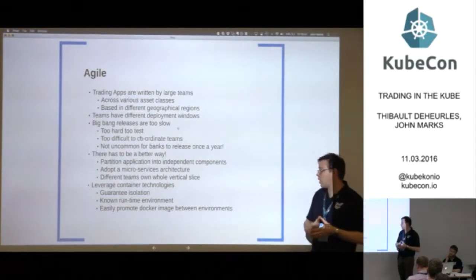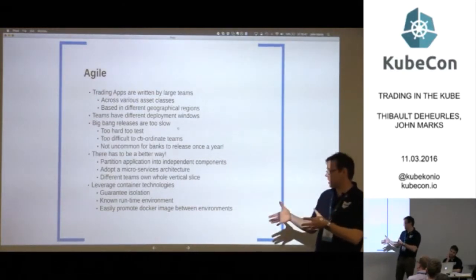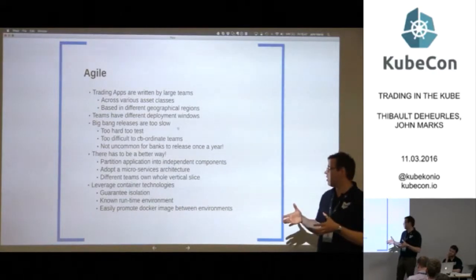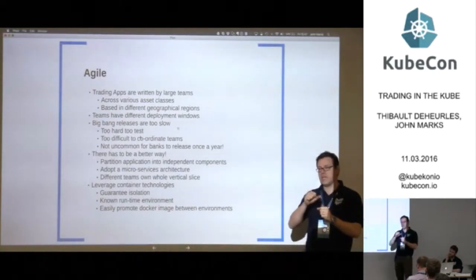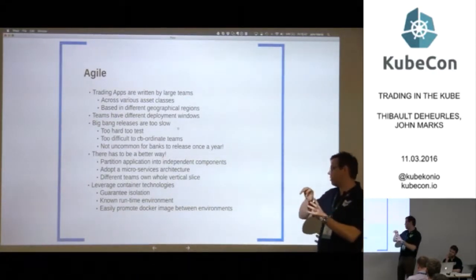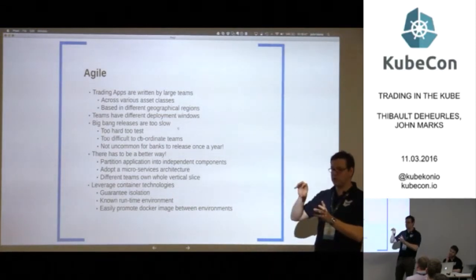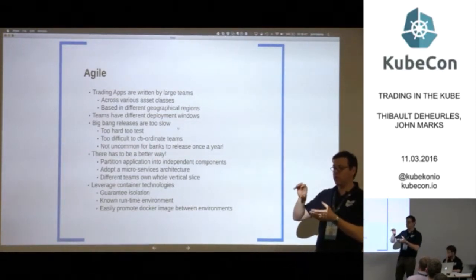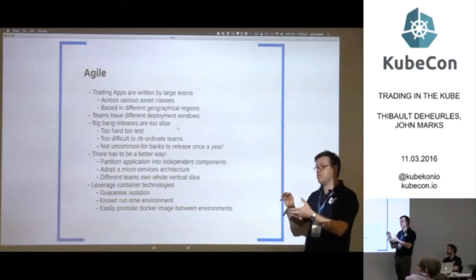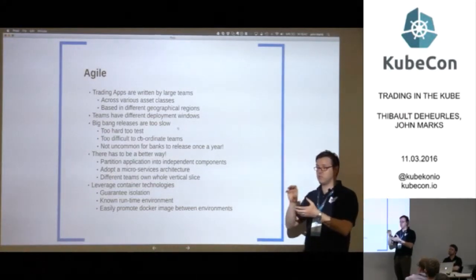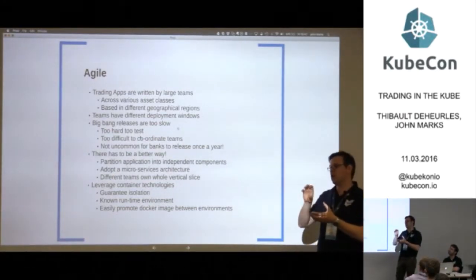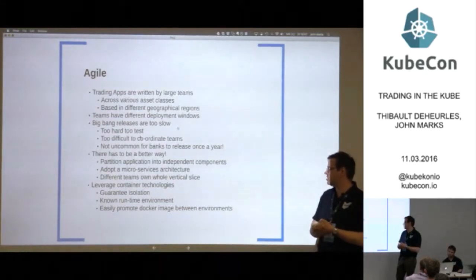In order to do this, we also leverage container technologies. These guarantee isolation. They give us a known runtime environment, and it means that we can easily promote Docker images between environments. So we know that the component that we test in development and then promote through UAT to production is running exactly the same libraries, exactly the same OS image, and so on.